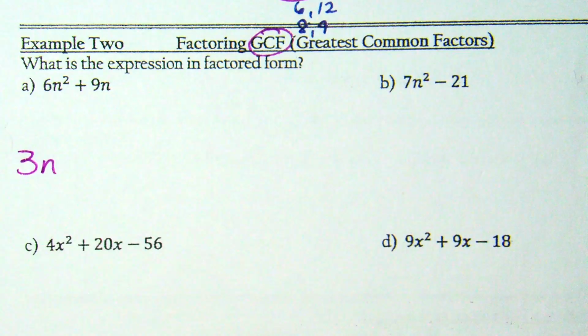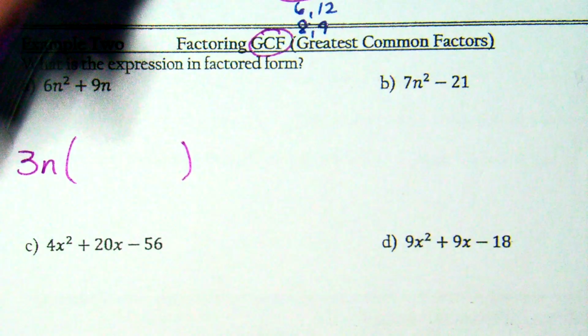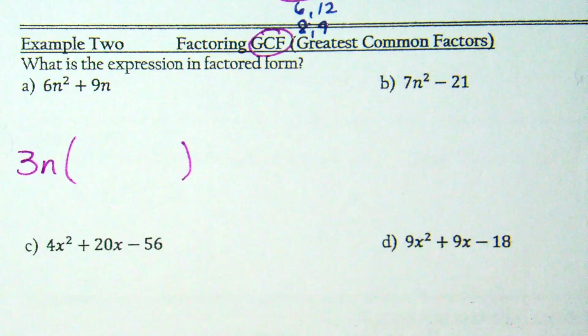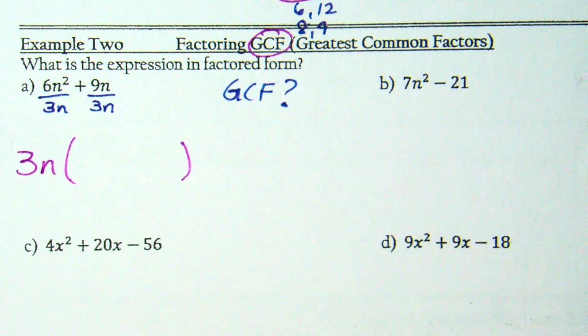When I factor out the 3n, we put the 3n out front, and we have to write down what remains in the parentheses. When you're factoring it out, think of it as dividing both terms by 3n. This is our GCF because it is the largest term that can divide into both of them.